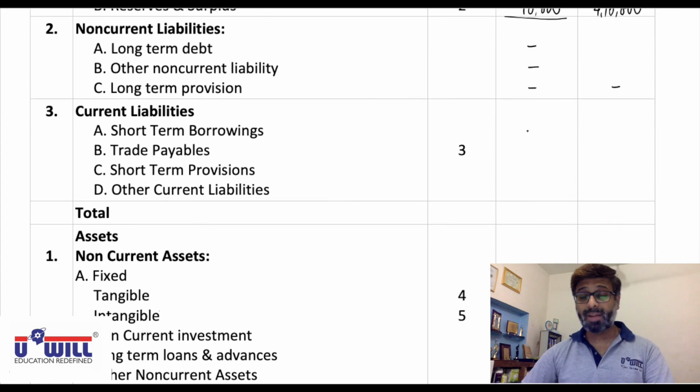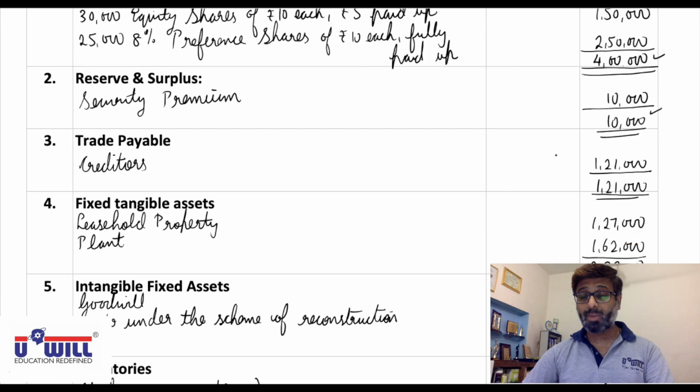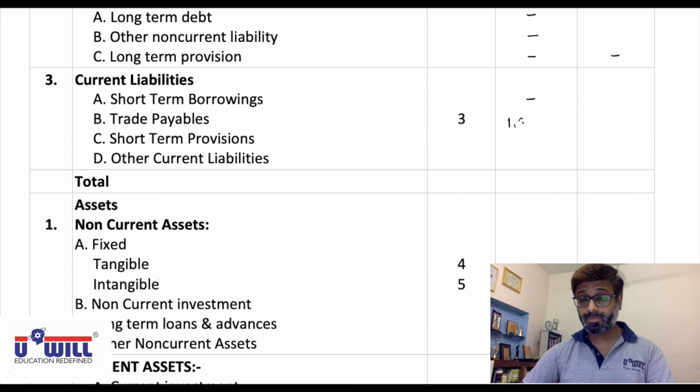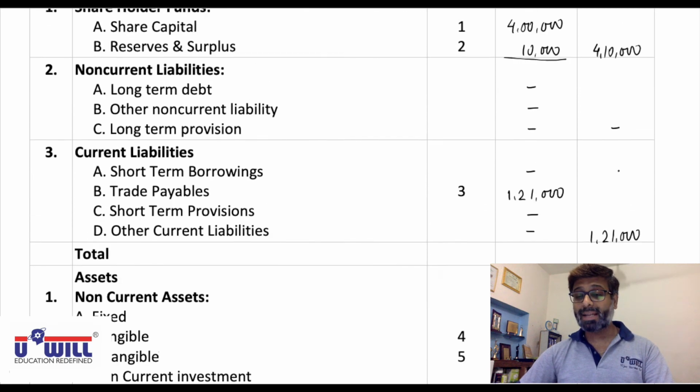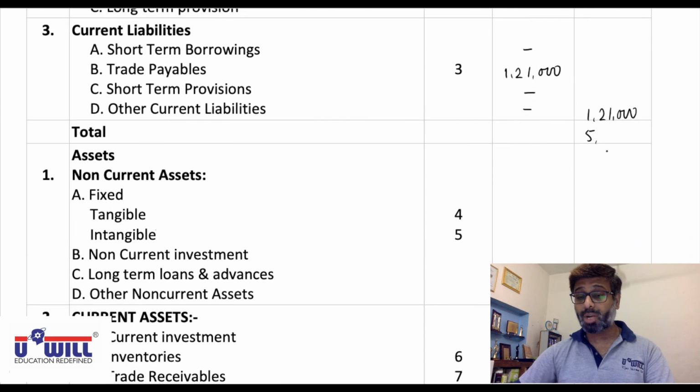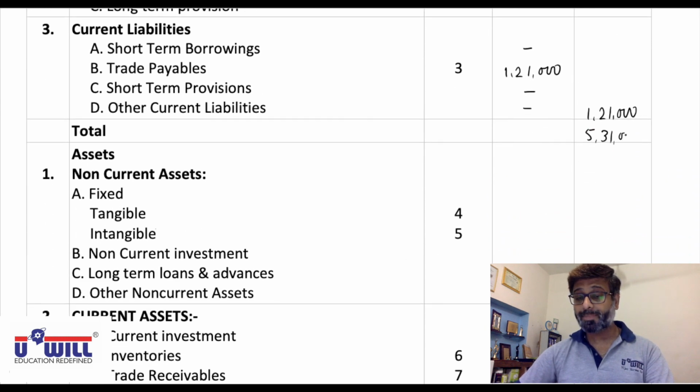Short-term borrowings we don't have. Trade payables from note number 3, 1 lakh 21,000. Short-term provisions, other current liabilities we don't have. Total 1 lakh 21,000. 4 lakh 10,000 plus 1 lakh 21,000, 5 lakh 31,000 is the total of liabilities.